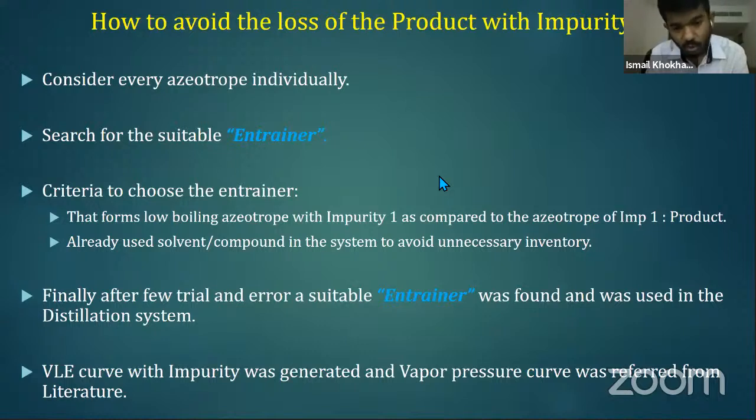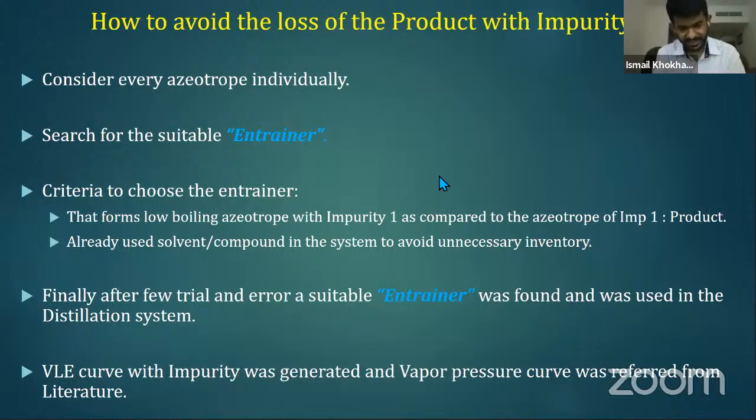Since we know the boiling point of this azeotrope for the product and the impurity 1, we should make sure that we choose such an entrainer that it forms a low boiling azeotrope with the impurity 1 and not the product. Okay, so this was the first criteria in choosing the entrainer.